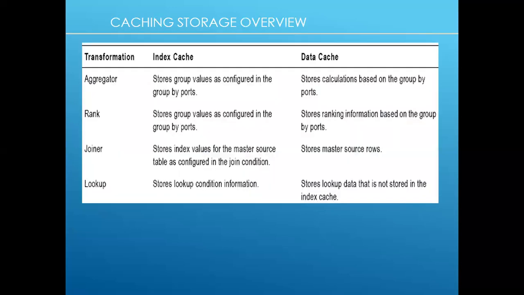If I go for aggregator, it stores group values in the index cache and the calculations in the data cache. Rank similarly stores group values, and then the record values. Joiner, lookup, right? This is basically to let you know what the index cache stores and what the data cache stores.